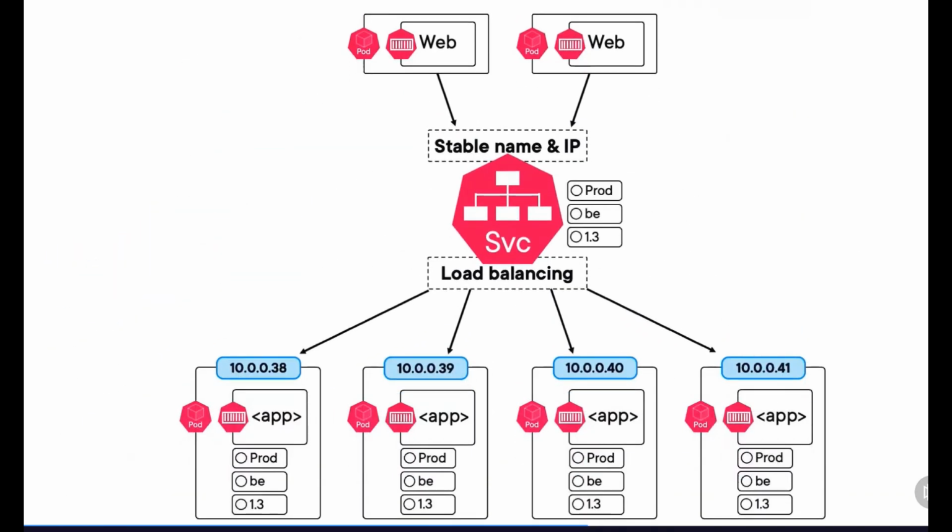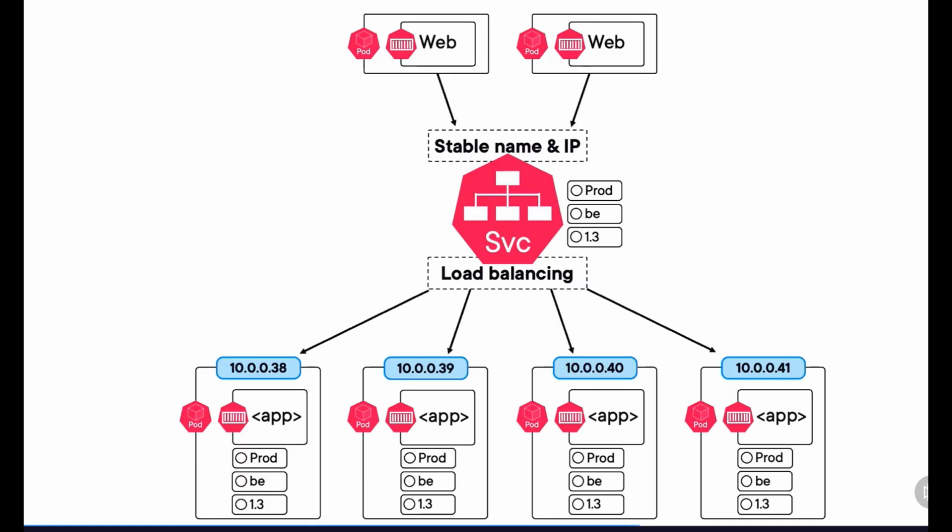Where were we? Okay, yeah, we've thrown some labels on here, and you'll do this all the time. Everything in Kubernetes gets labeled, but we can see the backend pods are labeled as prod, BE for backend, and they're at version 1.3. And then up here on the service, see how it's looking for the exact same set of labels. Well, this is what ties them all together.